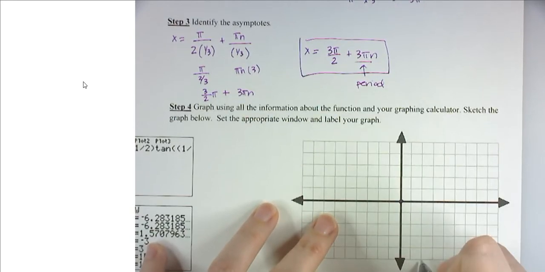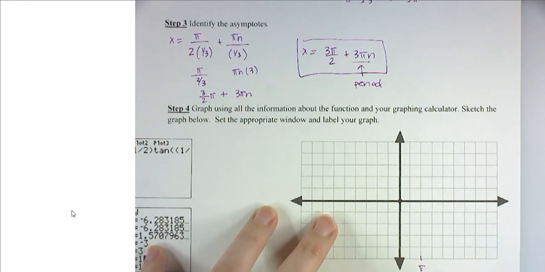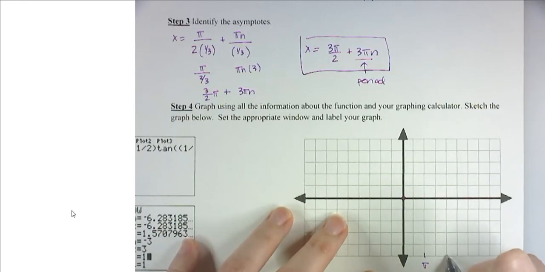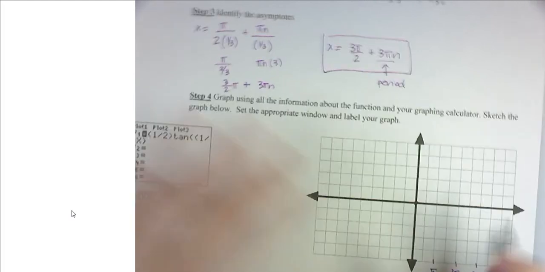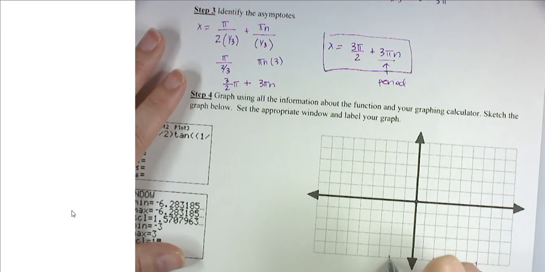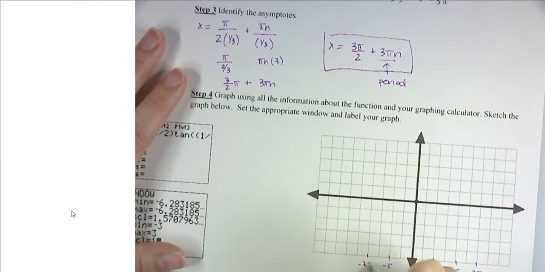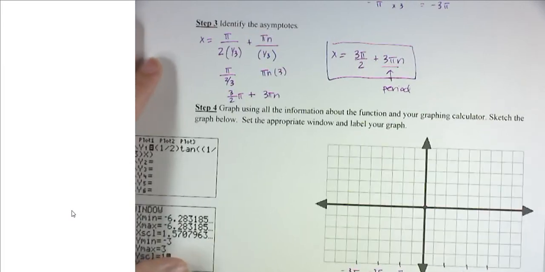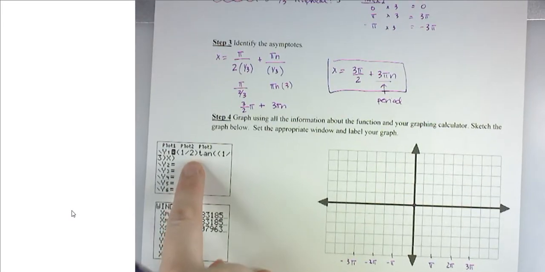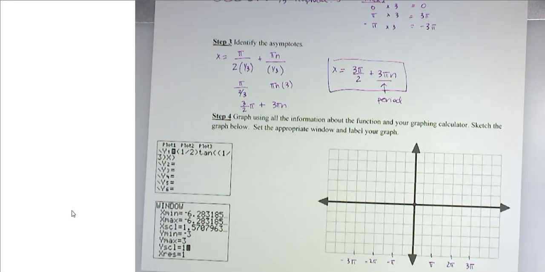My computer just got the idle screen, so I'm not sure if it's lagging at all here, but hopefully it's not that noticeable. Again, you can also plot this and just use your table, and that is perfectly fine as well. Okay, so I'm at 0 here, and if this is pi over 2, this is 3 pi over 2.